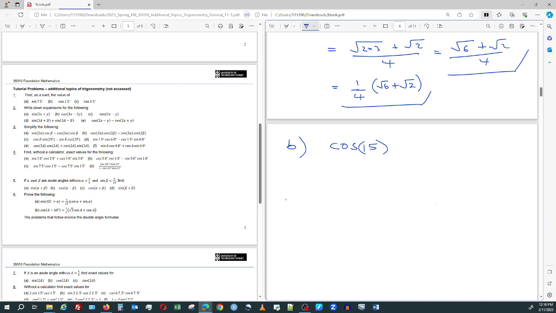Okay, we might be looking for a difference. And the difference would be 45 take away 30. So we're back to doing 45s and 30s again. Do you know it? Are you familiar with it? Don't know. That's cos version. So we'll end up with cos cos.